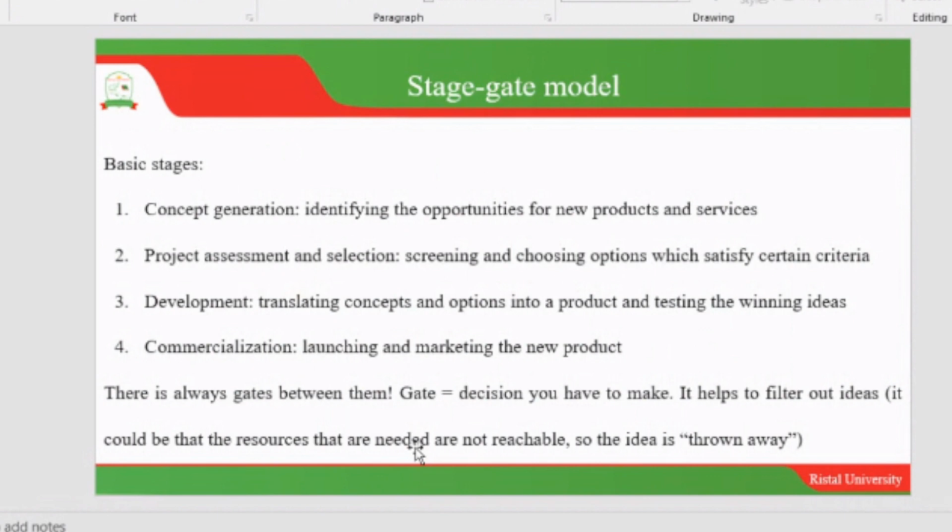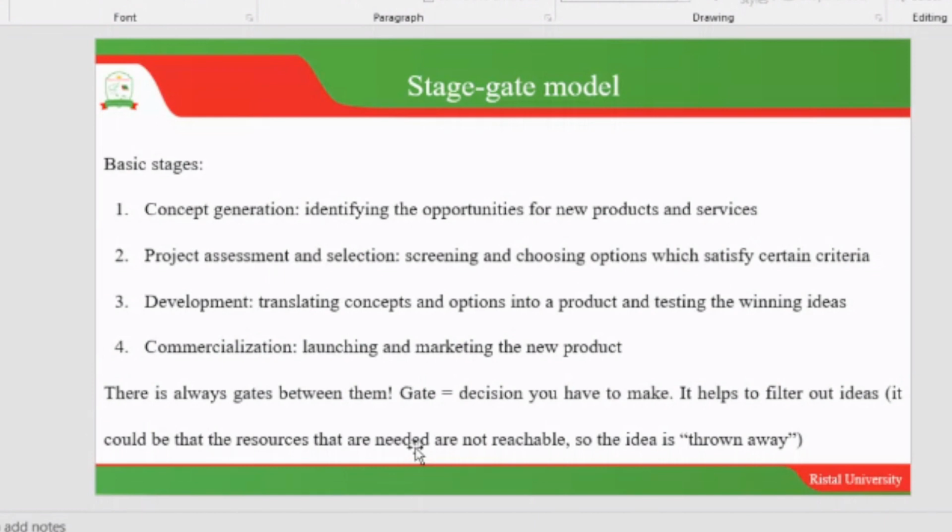Then we have developing, translating those concepts into products or prototypes that we can use to see if our business is going to work or not, and also to gather data and feedback about the product which we want to put into place. Then commercialization is the launching and marketing of the new product.